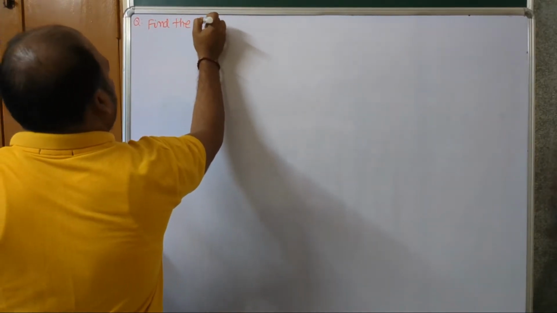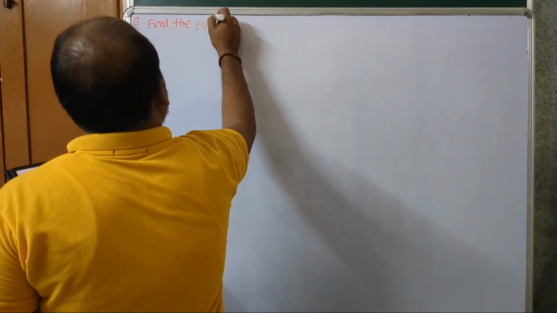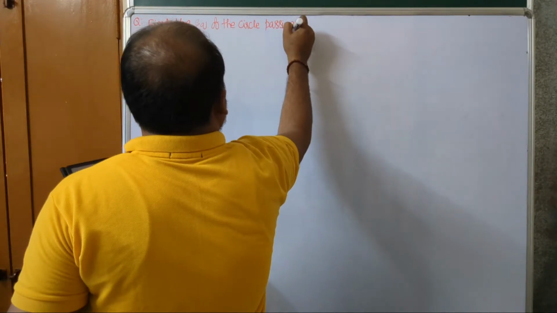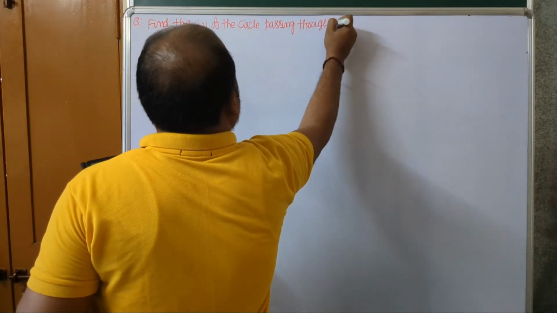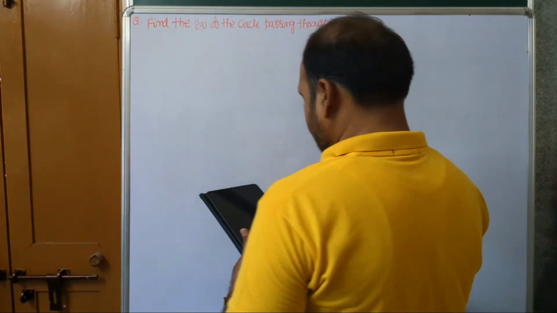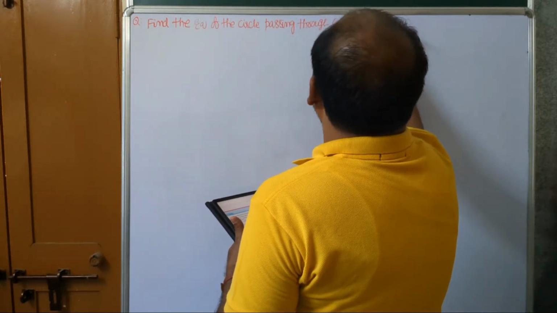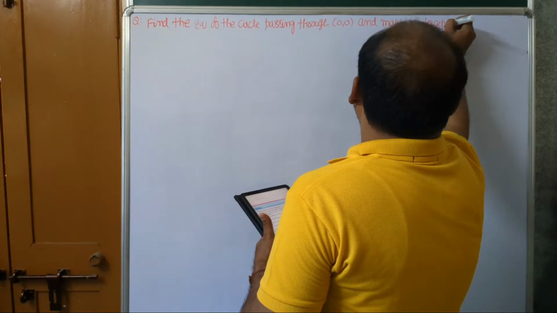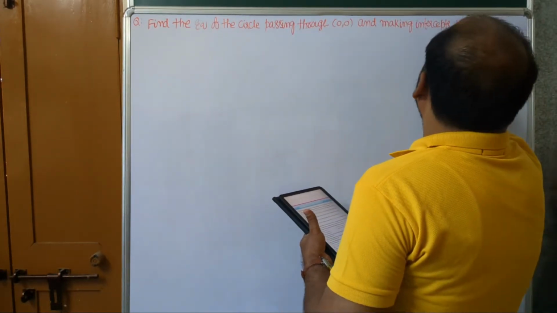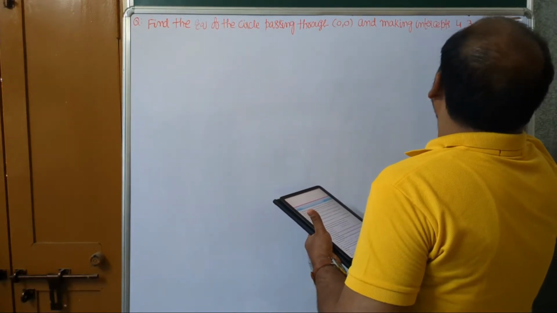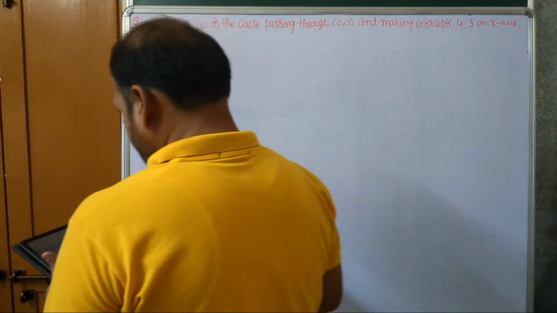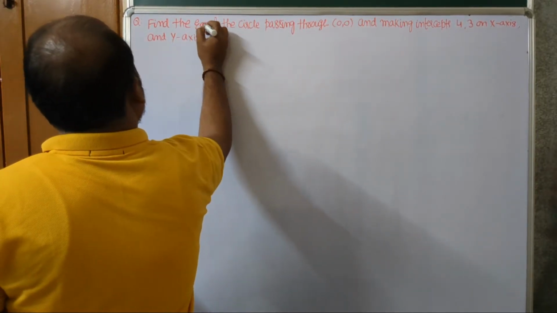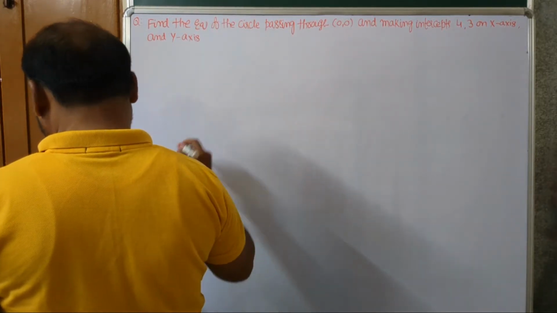Find the equation of the circle passing through the origin and making intercepts 4, 3 on the x-axis and y-axis respectively.